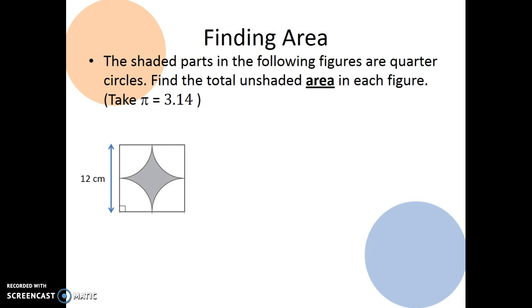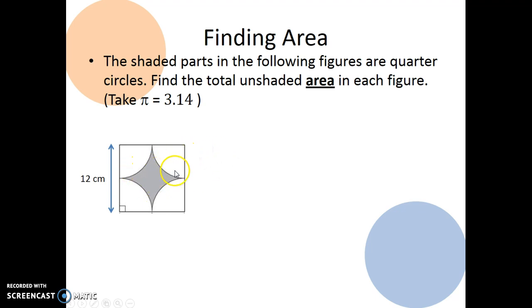All right, let's look at this next shape. I'm looking at number 10 in your notes, letter A, and it says, the shaded parts in the following figures are quarter circles. Find the total unshaded area in each figure. On your notes, all of these quarter circles are shaded, and the inside is left unshaded.